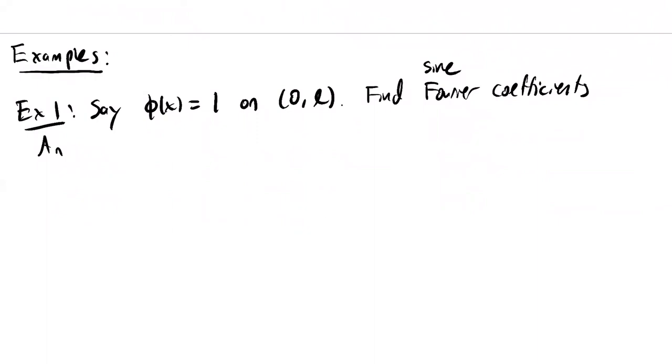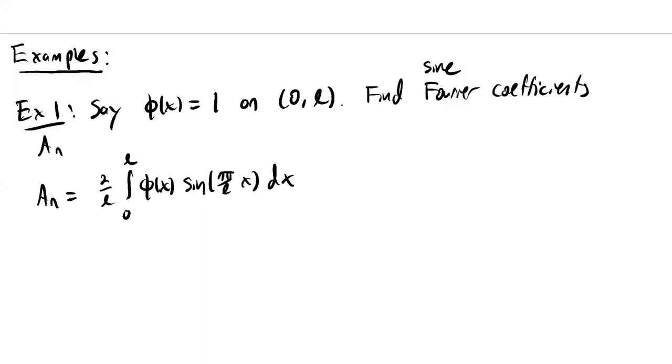Right, well, by definition, we have an is equal to 2 over L times the integral from 0 to L of my function phi of x times sine of n pi over L times x with respect to x. Well, if my function phi of x is just 1, this becomes 2 over L times the integral from 0 to L of sine of n pi over L times x dx.